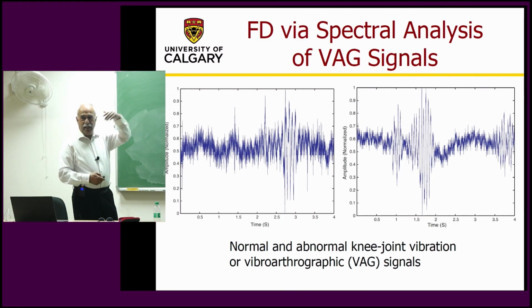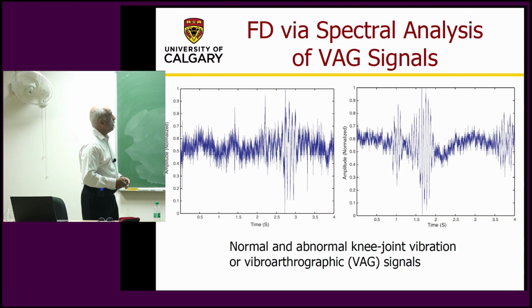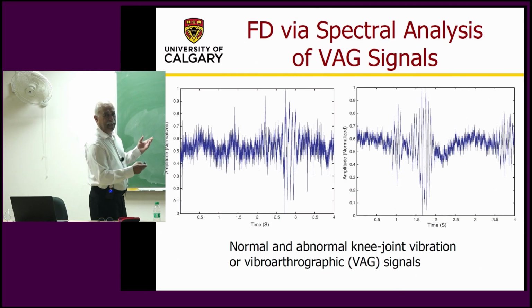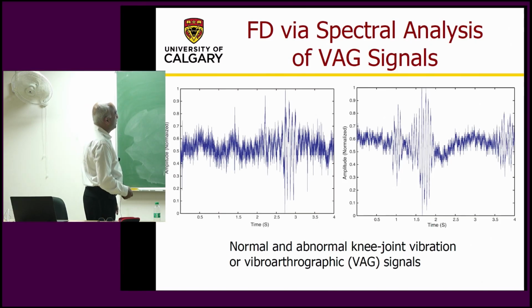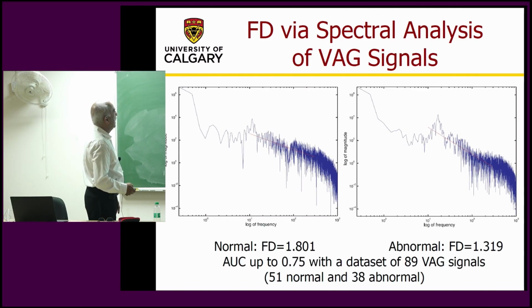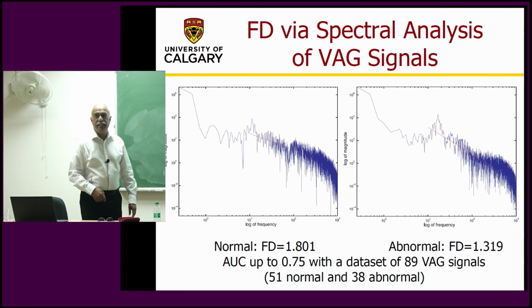More of that is in my 1D signal analysis book that you saw the first day. So these are normal and abnormal signals. They're all very random. Well, they look like random signals, but there is some structure. They're not like the ECG where you can see clear patterns. So these are some examples of the VAG signals and their power spectra on log scale.